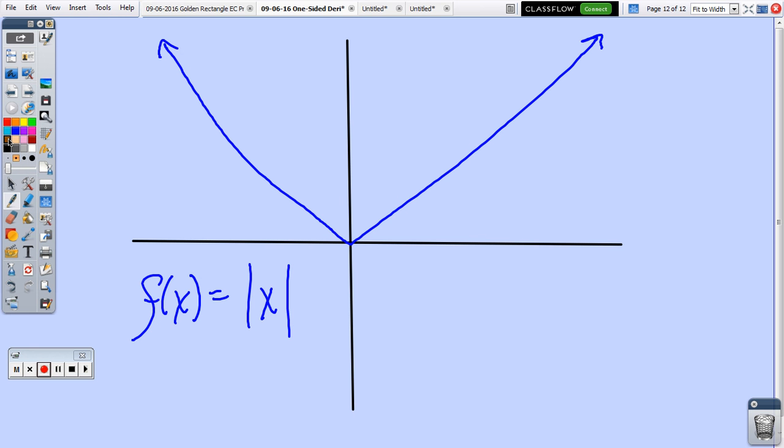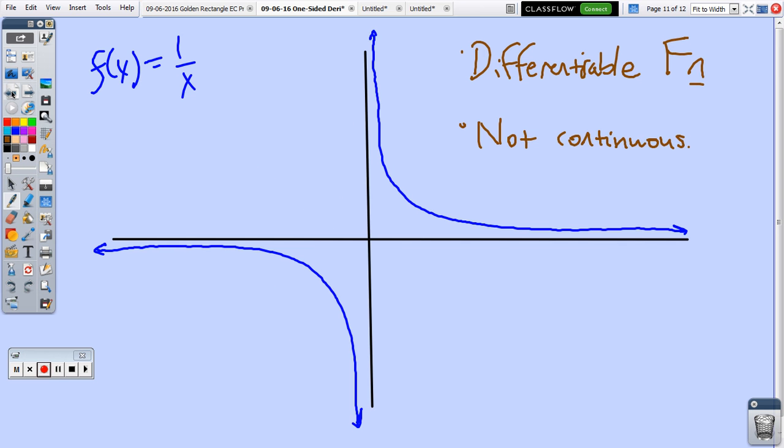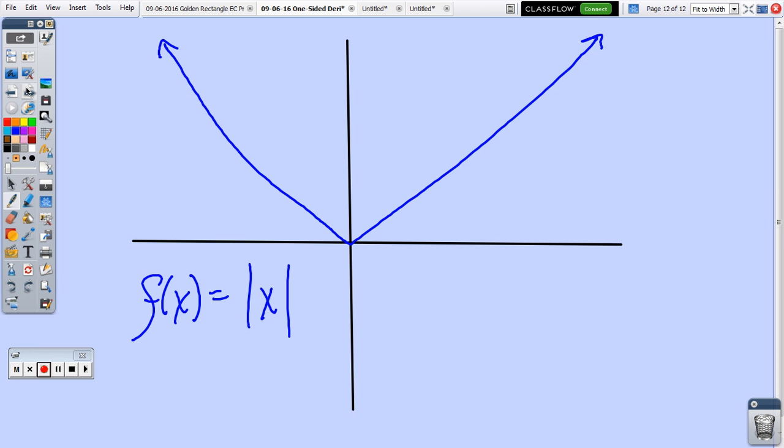I could take my finger and never have to lift it. This other function was not continuous, because there's that vertical asymptote, it breaks at 0, but it was differentiable. I'm giving you both. This is an example where it is continuous but not differentiable.